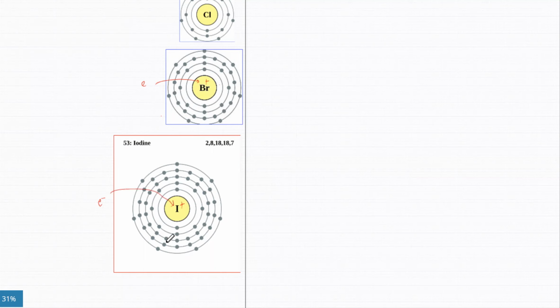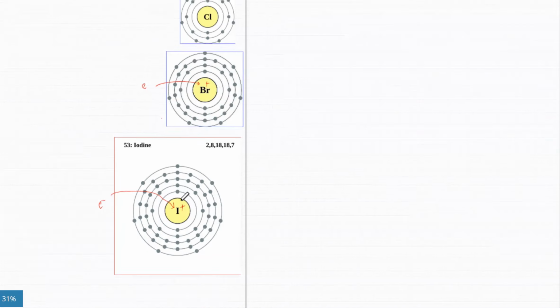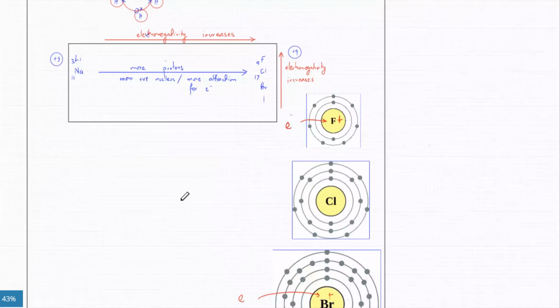Remember, in O levels you did study that the reactivity of nonmetals increases up the group. This is the reason why: bigger atoms already have too many electrons, so it would be very difficult for the nucleus to attract more electrons, because those would be repelled by the 50 or so electrons already there. For fluorine, it would be very easy.